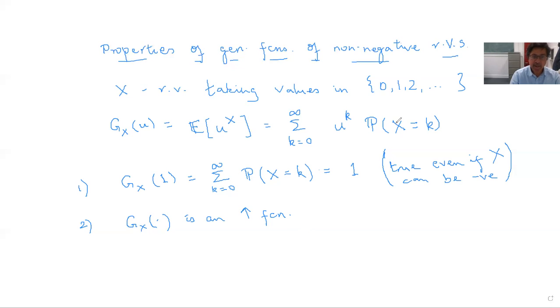Okay, it could be constant. It could be that X takes the value 0 with probability 1, in which case G_X of u is the function which is identically 1. It's the constant function 1. So that could happen, but other than that, it's in fact an increasing function. And this does require, this uses the fact that X is non-negative.